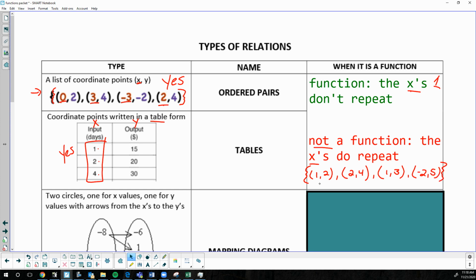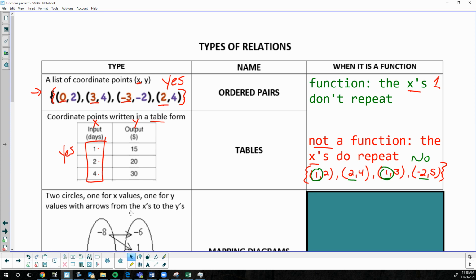Okay, so looking at the x numbers, I'll switch colors so it's easier to see. I have a 1, a 2, a 1, a -2. So right here, the 1's repeated. This is a no, it's not a function, okay? And that's the first test.